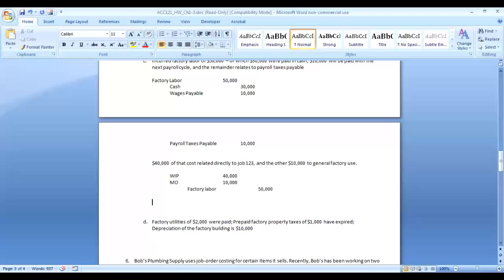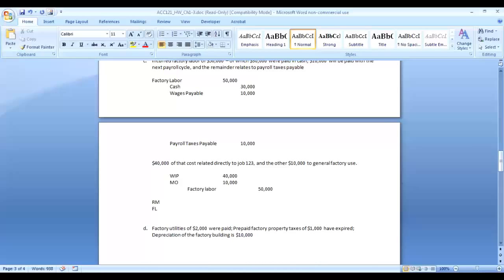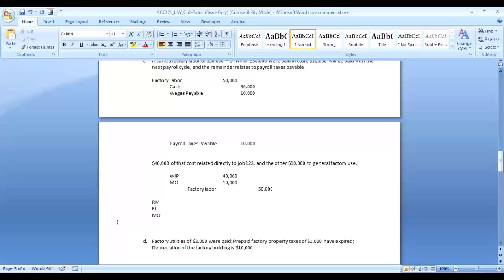Remember, if we think about our overall cost flow, we've got raw materials, factory labor, manufacturing overhead. Anything on this side, so to speak, is our cost accumulation. We always assign to work in process first. So if we're requisitioning materials, some might get parked here temporarily.